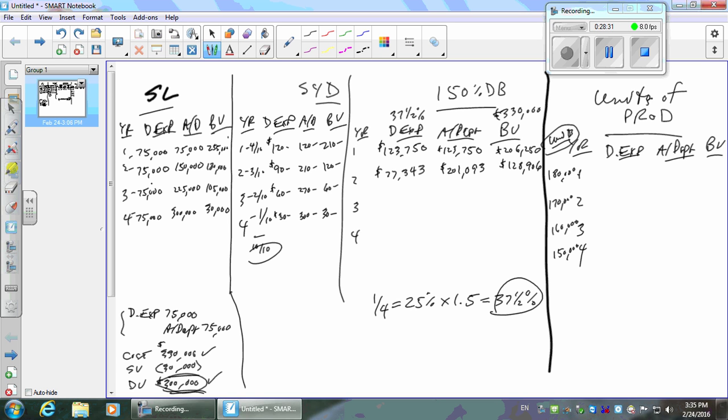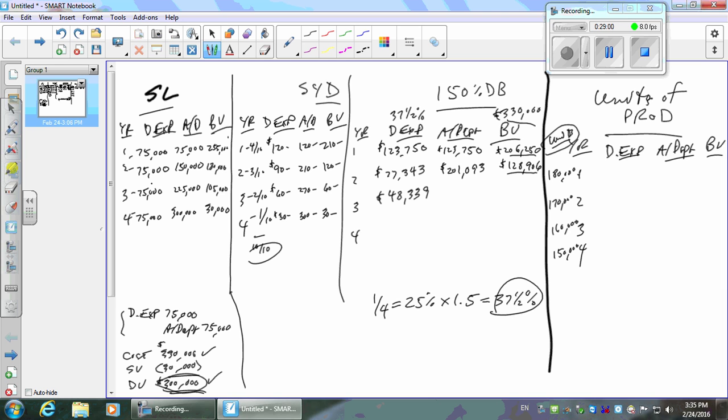It's the book value, not the accumulated depreciation. Because we're always taking the remaining book value. Right. All right, 128,906 times 37.5%. What's that? 48,339. Debit depreciation expense, credit accumulated depreciation.